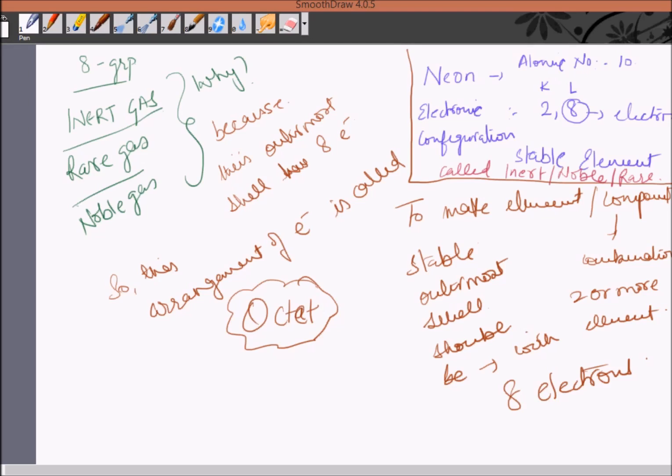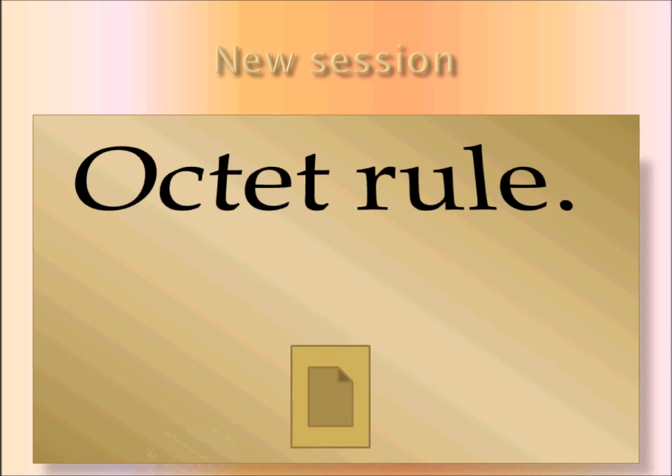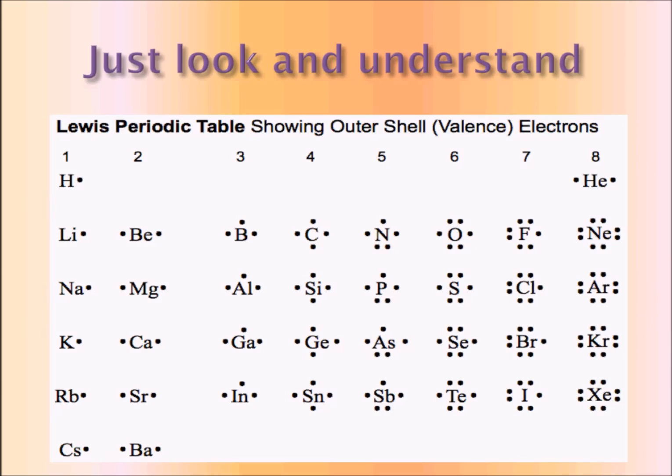Let's understand this by the table. You just have to look and understand this table. We have seen this table in the last session. This is a Lewis periodic table used to demonstrate all these elements with the valence electrons. You can see here in this group there's only one electron, 7 are left, so it's not stable.